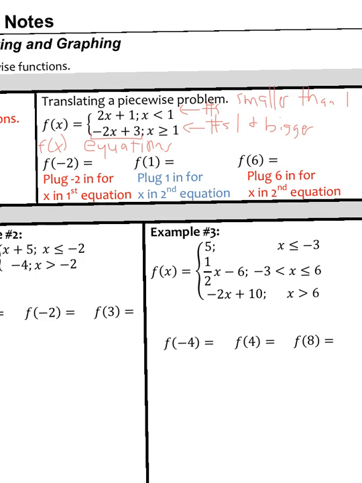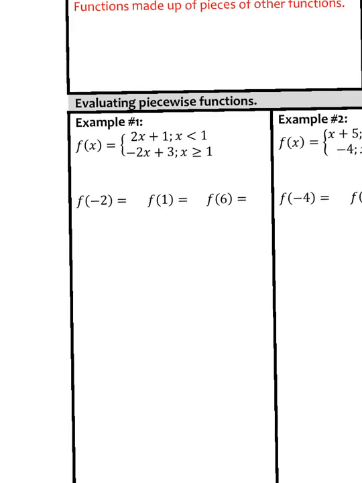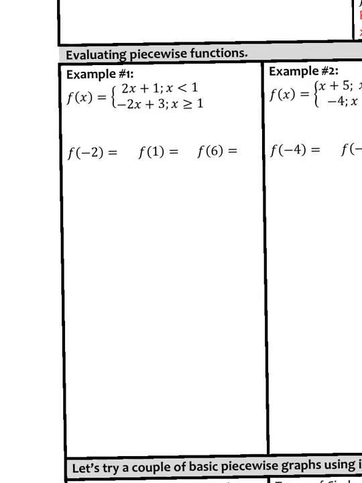So moving it down, here's that example that we just talked about. Again, telling which equations we're plugging it into. This was the first one, this was the second equation, and this is the second.